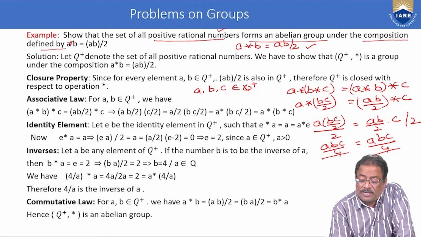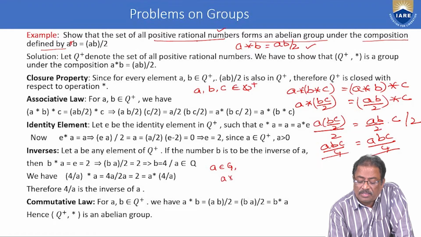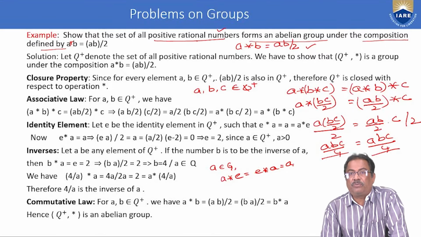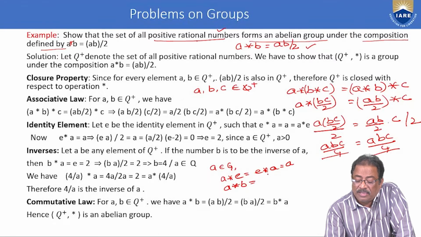Suppose E is said to be an identity element if for A belonging to Q plus, A star E is equal to E star A is equal to A. Let us say E is the identity element, then A star E is equal to E star A is equal to A.